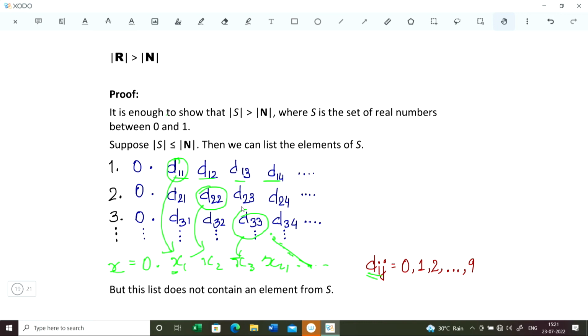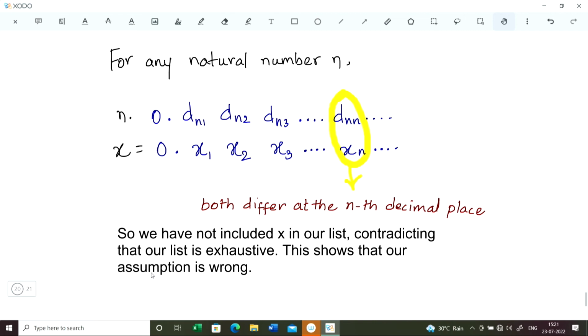Now how are we sure that we have not included this number in our list anywhere? Although it's very clear to us by this point, can we make some arguments regarding that? So moving on, suppose I think I have listed it at some index of some natural number n.